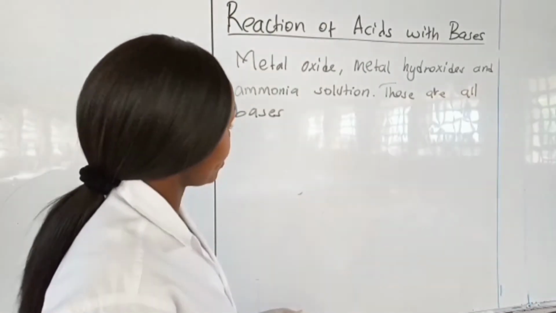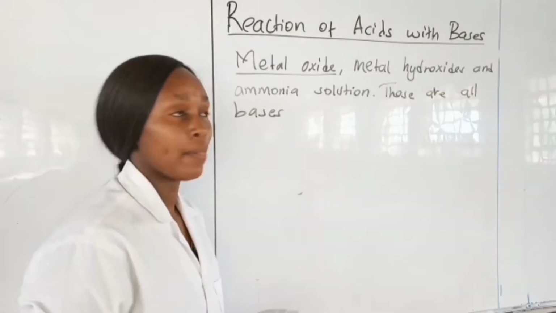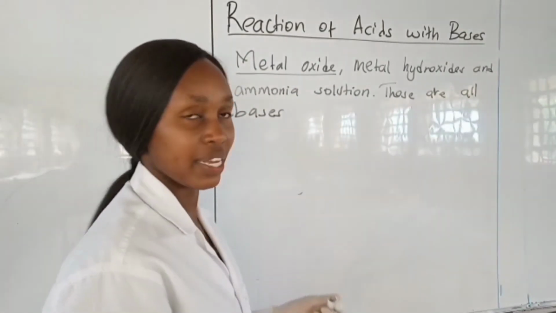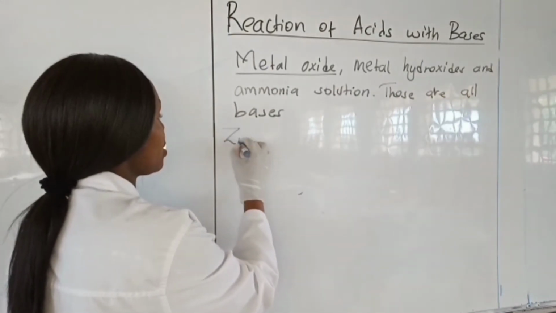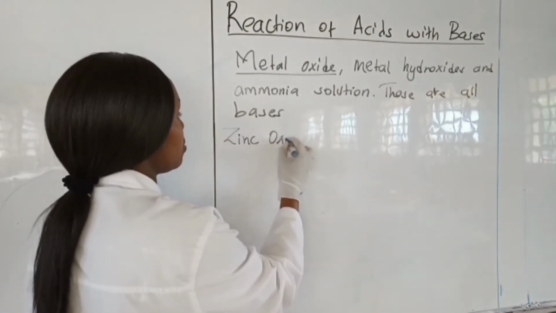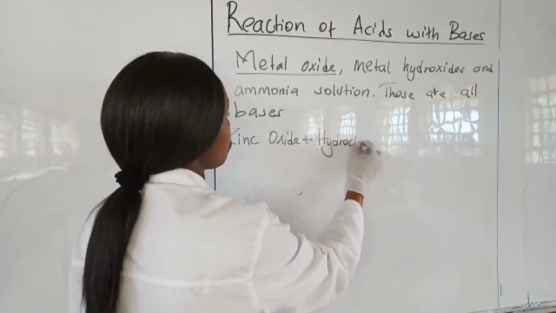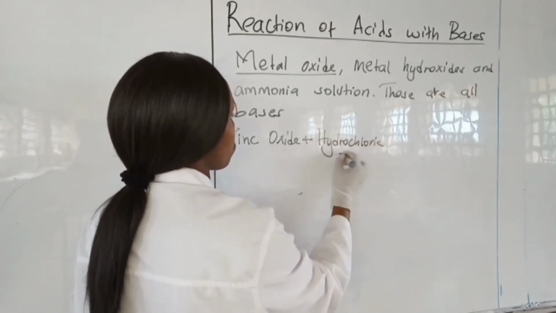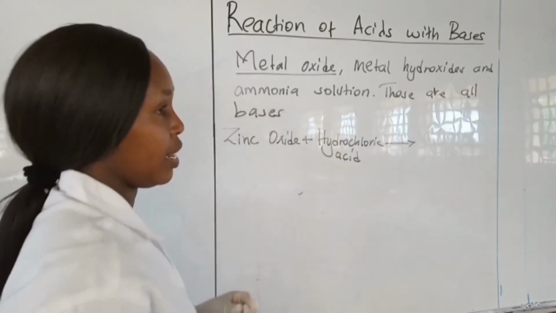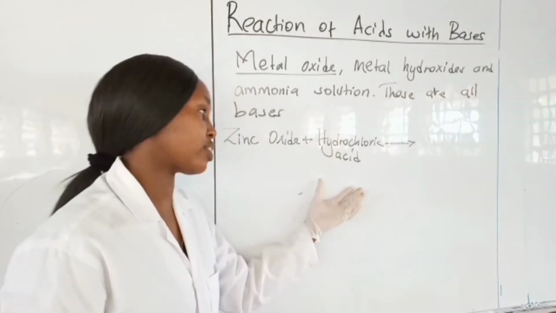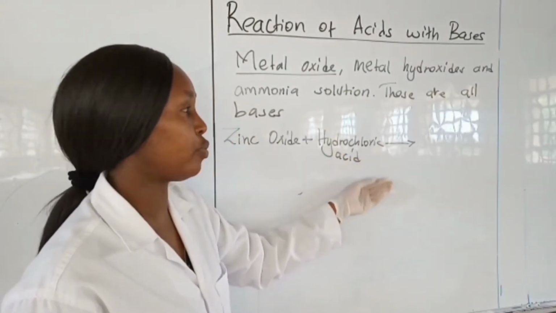So let us use an example of a metal oxide and react it with something like hydrochloric acid. Let's say we use zinc oxide plus hydrochloric acid. We are going to get a salt, and remember when you are naming the salt, the second name is from the acid, and the first name, which is a metal, will come from the other reactant.